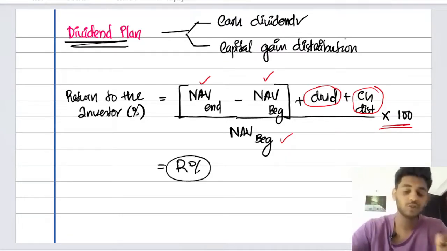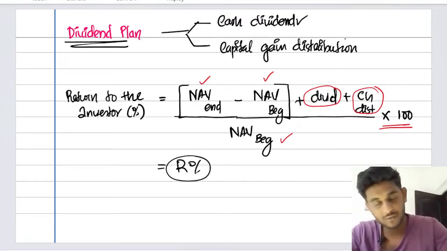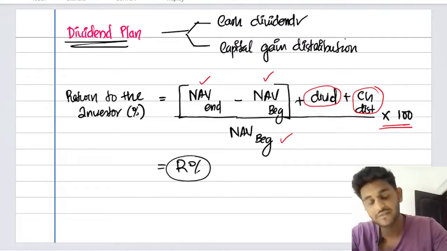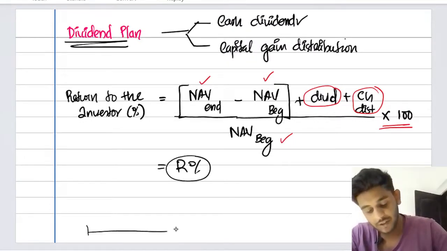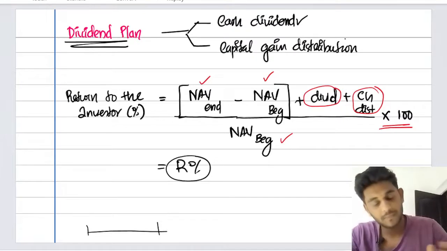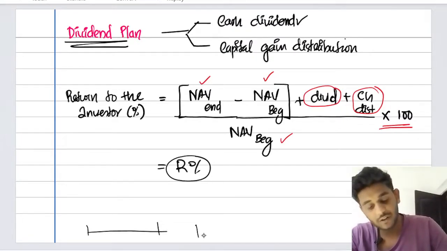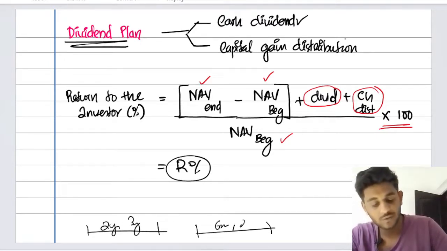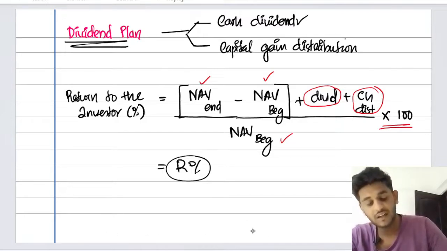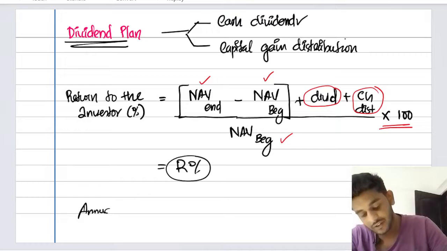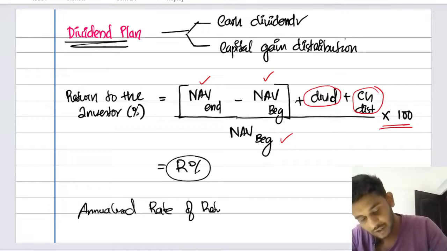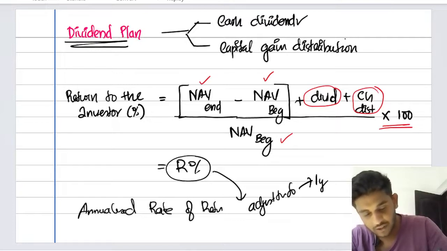But something which you should remember is, sometimes the details given in the question might be for a longer period of time, like not for 1 year, or for a shorter period of time, like less than 1 year. Sometimes the details might be 2 years, 3 years, etc. Some days it might be for 6 months, 2 months, etc. In such a case, if the question is asking for an annualized rate of return, you have to adjust this for 1 year, or if the details are in months, you have to adjust this for 12 months.